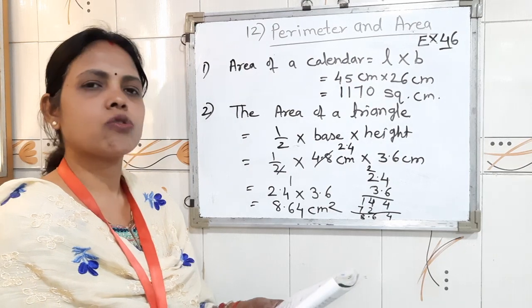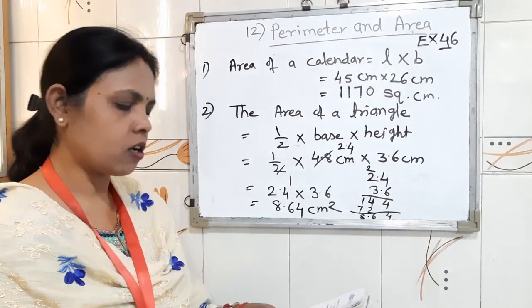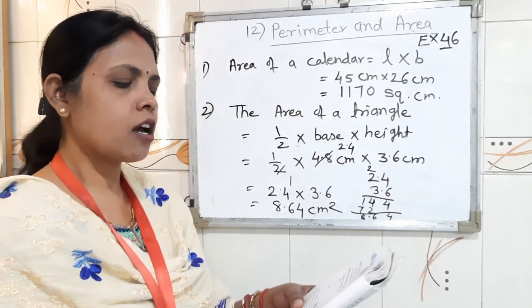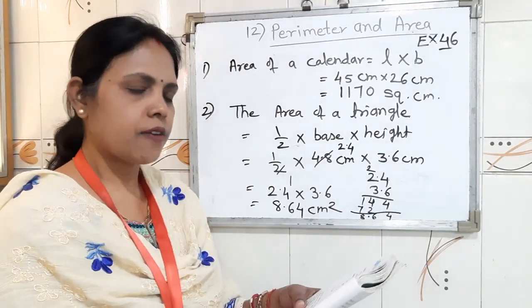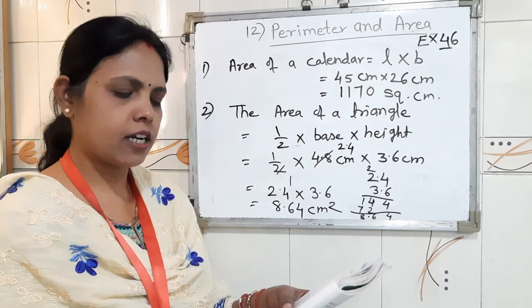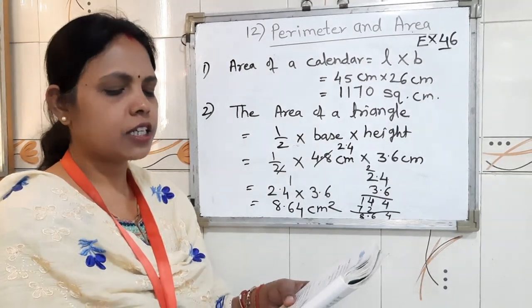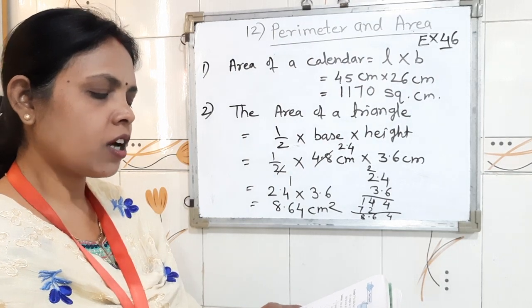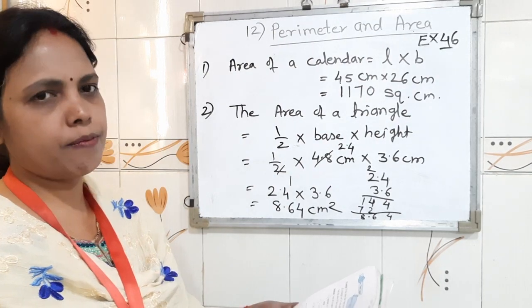Now we are going to solve question number 3. What is the value of a rectangular plot of land 75.5 meter long and 30.5 meter broad at the rate of 1000 rupees per square meter?